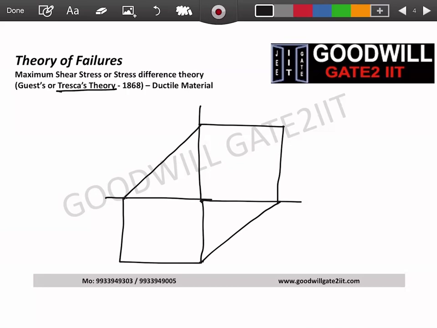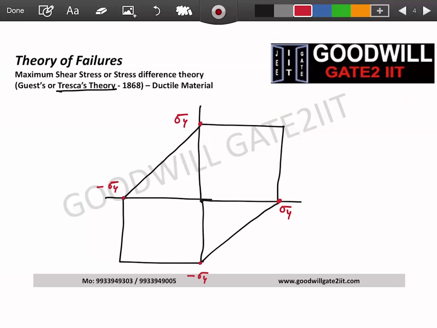This side, this is your boundary. So whether you are in X direction, Y direction, anywhere, your maximum stress you can go to is sigma Y. And similarly, this is also sigma Y, and this is minus sigma Y, and this is minus sigma Y. So on all these directions, you have created a boundary for yourself.